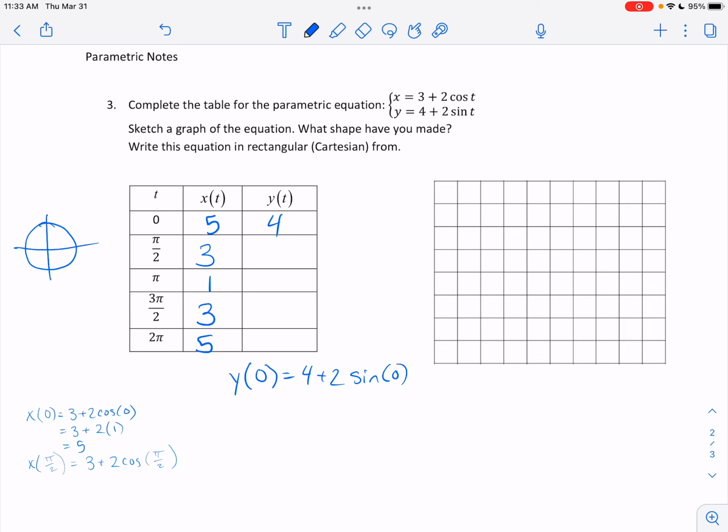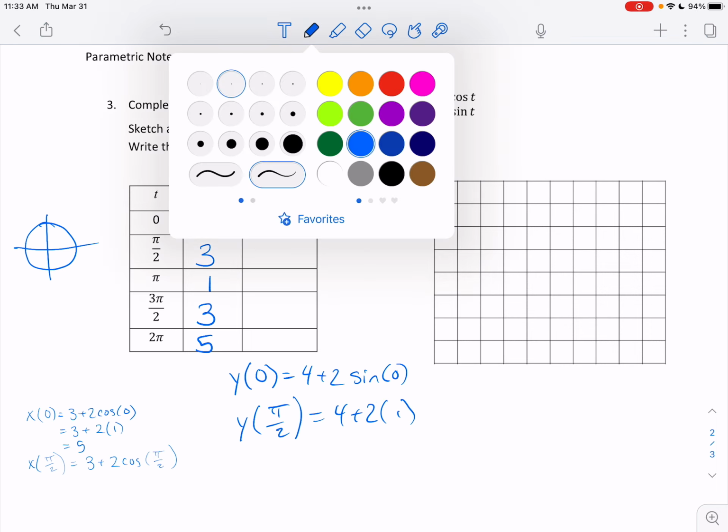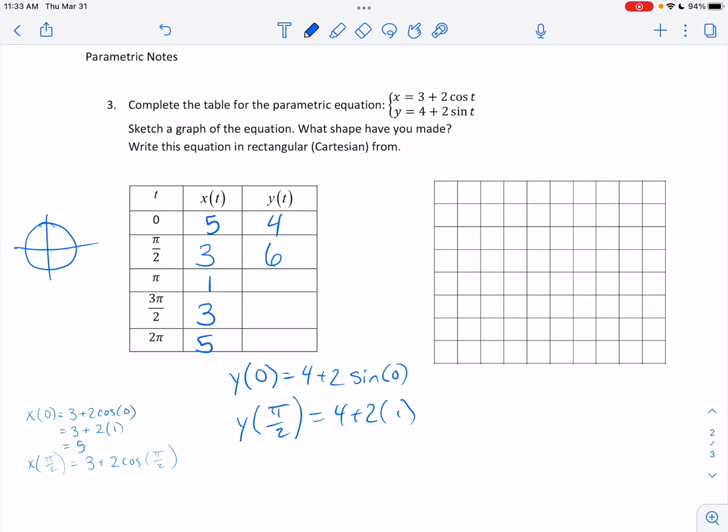Then we're looking at y of pi over 2. As you know from the unit circle, pi over 2 has a sine value of 1, so this becomes 4 plus 2 times 1, giving me a value of 6. Then I get to pi. The sine of pi is 0, so that's gone, and we just have the value 4.